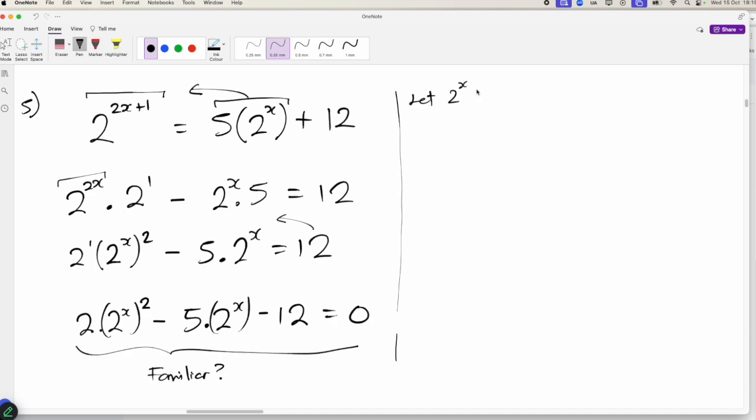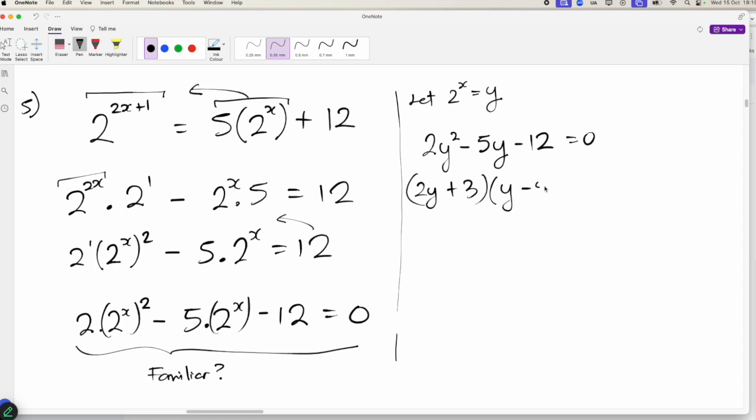Let 2 to the x equal y. So now I have 2y squared minus 5y minus 12 is equal to 0. And we could factorize this. The factors will end up being 2y plus 3 and y minus 4.